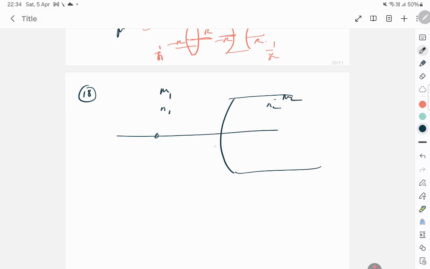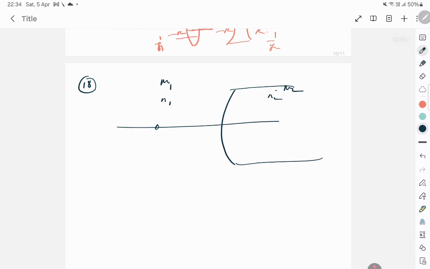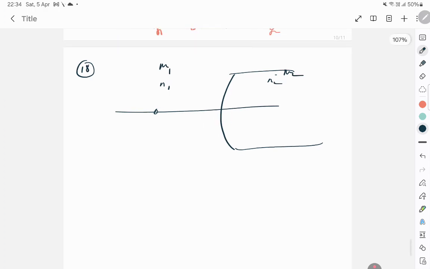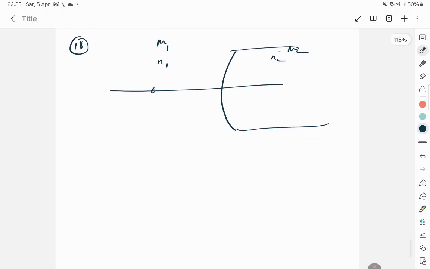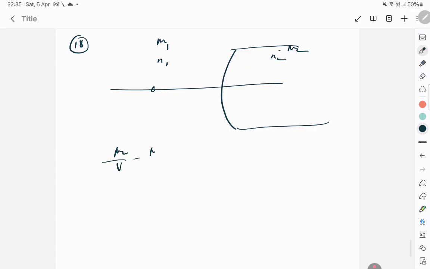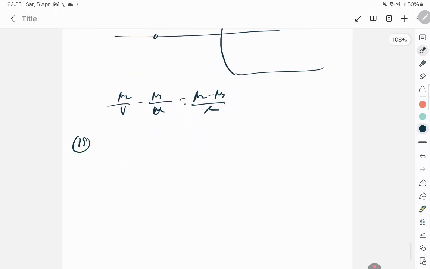You know the whole convex spherical refracting surface diagram, the whole derivation with alpha, beta, gamma and all those exterior angles. Just derive the formula, and you know that it will be mu2 by v minus mu1 by u is equal to mu2 minus mu1 by R. We have done the derivation in class. So let's go to the 19th question.